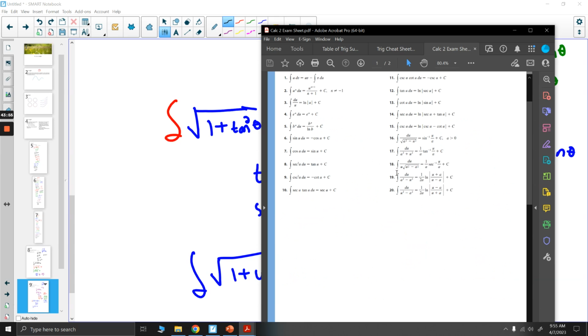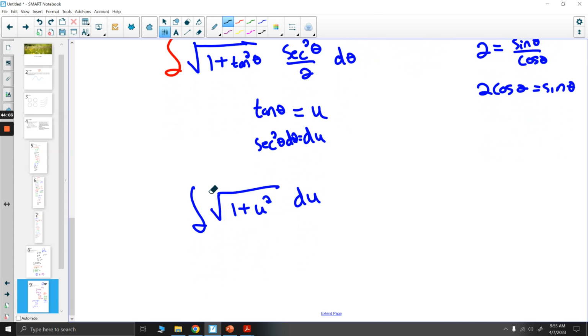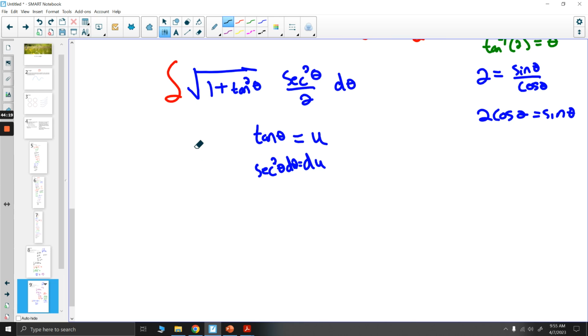Here, just the integral of secant we can always find with this thing. So I guess we could do a further substitution. Ooh, that would be ugly. I really don't want to do that. We could do it, and then it would just be a secant, and we have the table for it. But instead, I'm going to do another one that's also going to be bad. So you're going to be like, ugh, I don't like either of these.